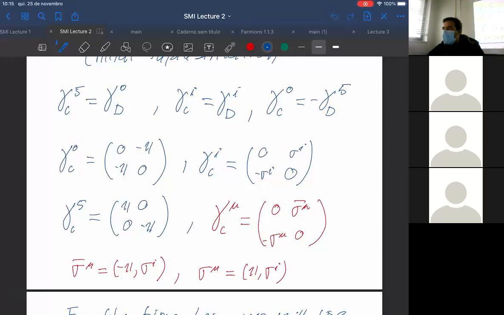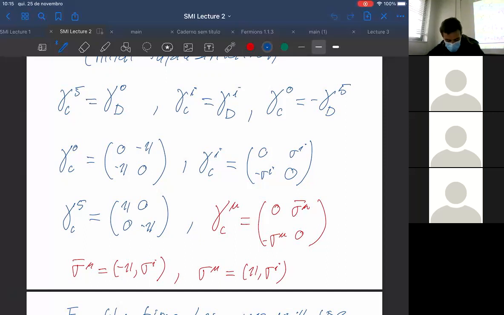This is a convention, the same thing as using the metric with minus plus plus plus or plus minus minus minus. The alternative is flipping some of the minus signs, and I wrote in the exercises exactly how I want you to use it. That puts the left part in the upper side of the spinor and the right part on the lower side.